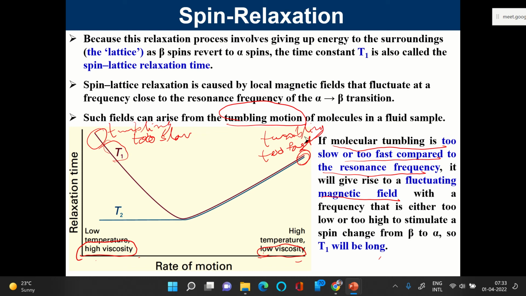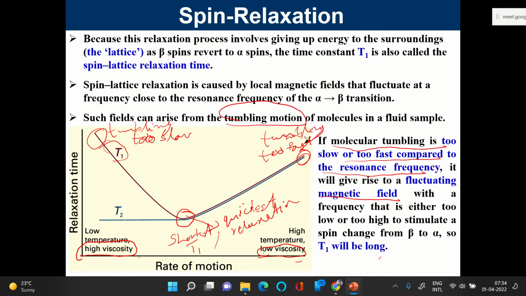But if you look at the middle point here, when the rate of motion is somewhere intermediate, then the relaxation time is short. This change in state, alpha beta to alpha, relaxation is quickest as per the graph. Shortest T1, quickest relaxation.